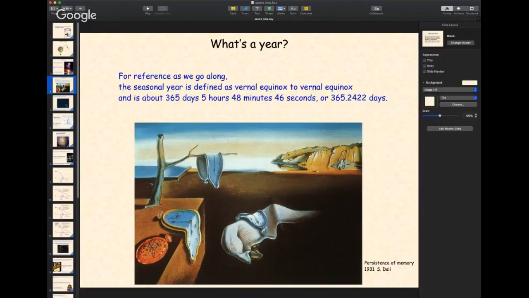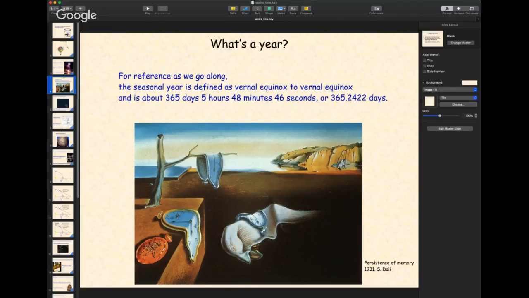Just for the record, for reference, the seasonal year is defined as the spring equinox, vernal equinox, to the vernal equinox. This is a particular point in the trajectory, and we just arbitrarily mark that as the 0 point. As we go around our elliptical orbit and come back to the 0 point, that defines a year. A year on Earth is about 365 days, 5 hours, 48 minutes, 46 seconds.